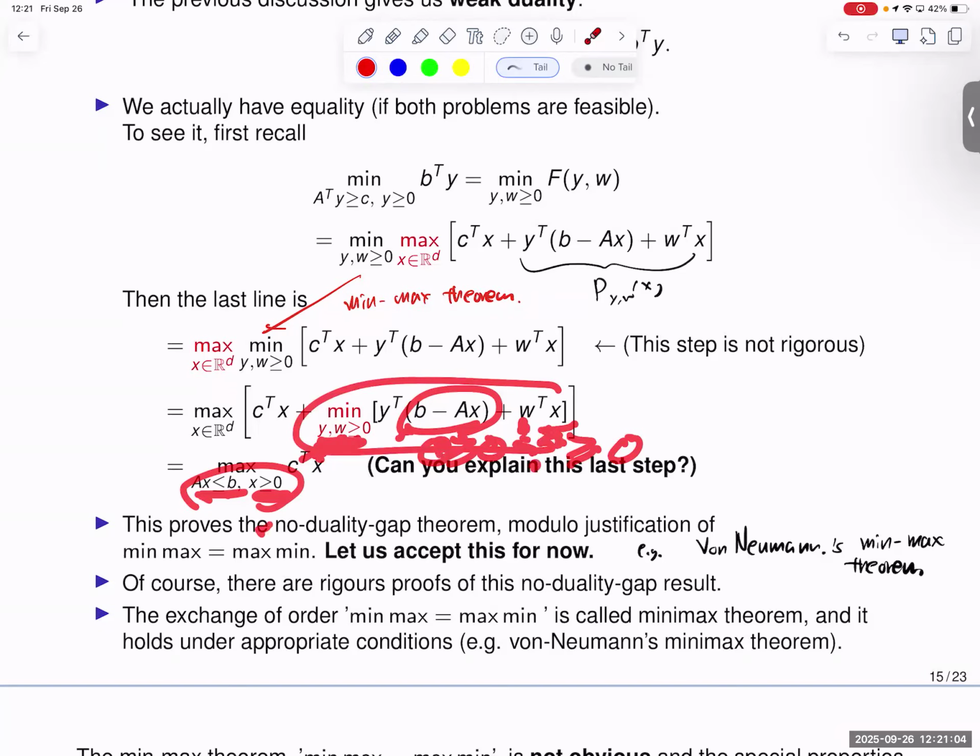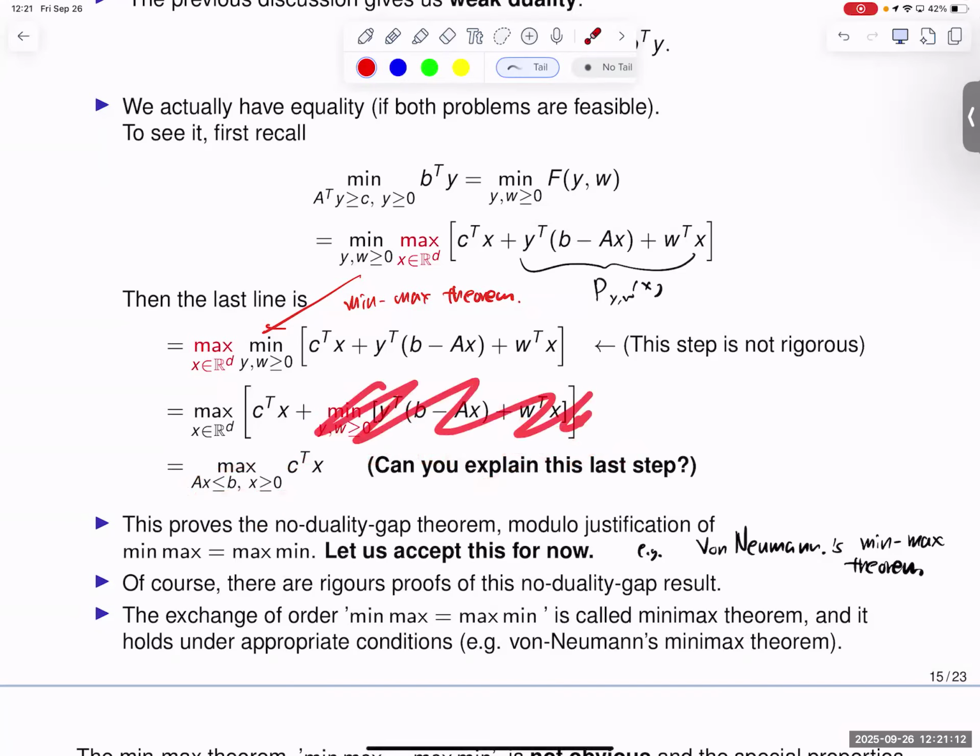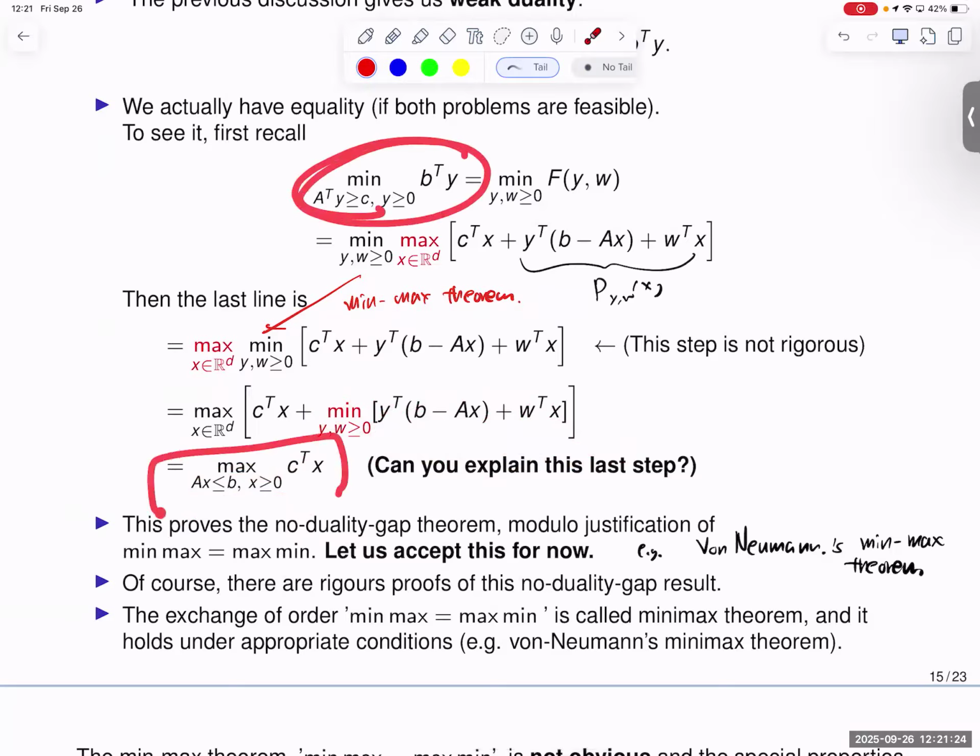If the constraint is satisfied, the minimum value is 0. So you can just cancel this expression and put this constraint instead, and these two problems are equal. Am I making sense? That's why this dual problem has the same value as the original problem.